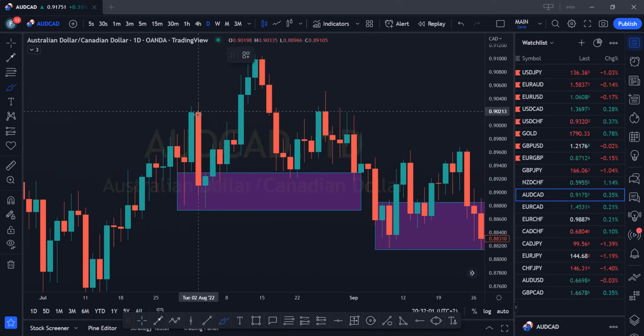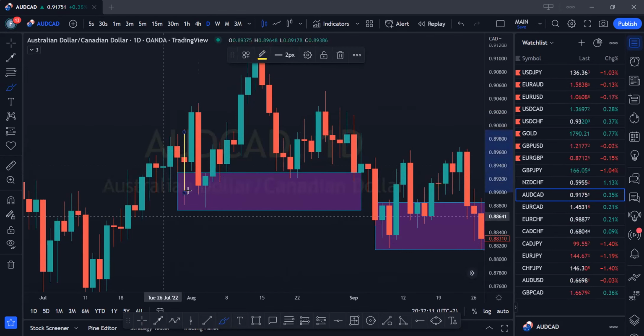Over here, we can see price coming down like so, and then price going up with this move. That in itself made this a support. Then you can see price came back down into the zone again, and then price going all the way up.